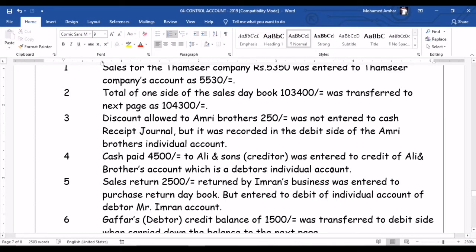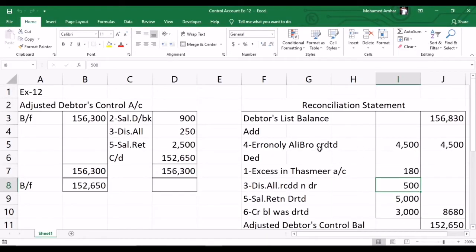If a payment to a creditor was credited to a debtor, then that debtor account's final balance will decrease by 4,500. Thereby the list balance is also decreasing by 4,500, so you have to correct it by adding 4,500 to the list balance.